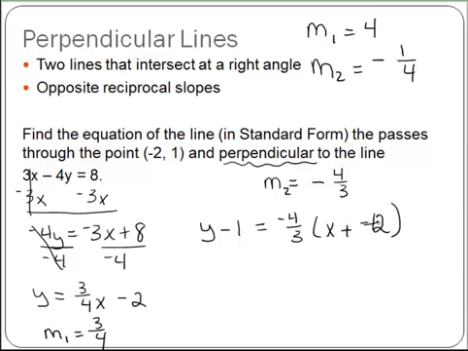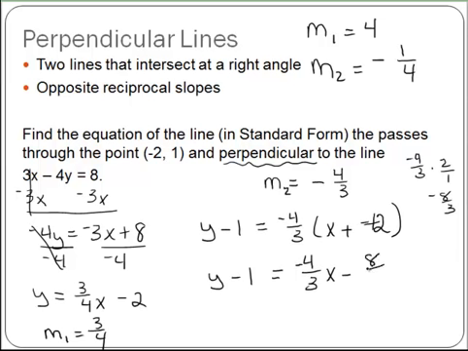Clean it up a little bit. So we have y minus 1 equals negative 4/3 x. Negative 4/3 times 2 is negative 8/3. So minus 8/3.